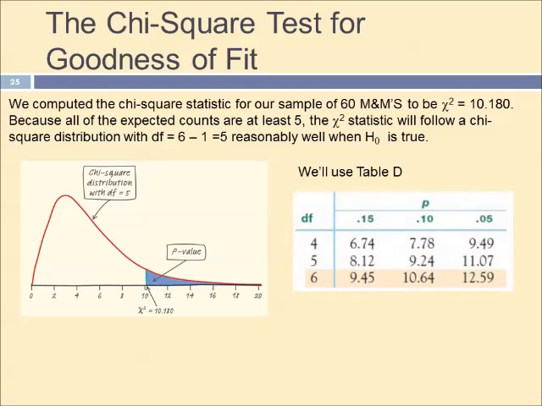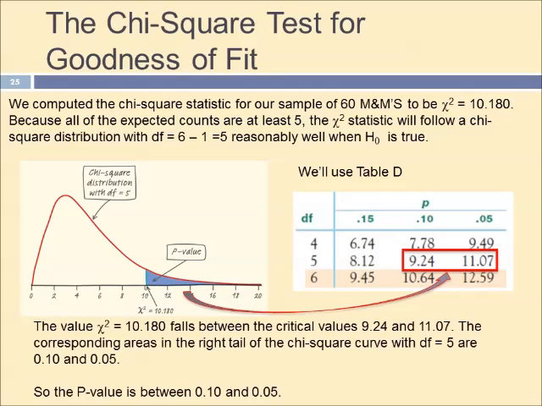And we'll use Table D again. So here we have the row for 5 degrees of freedom, and our test statistic 10.18 falls between these two values, 9.24 and 11.07. So the corresponding areas in the right tail of the chi-square curve with 5 degrees of freedom are 0.1 and 0.05.